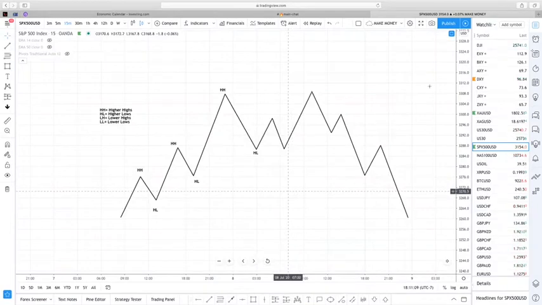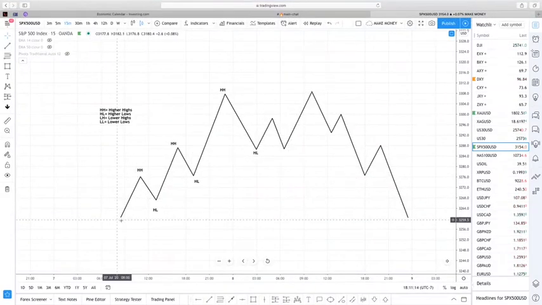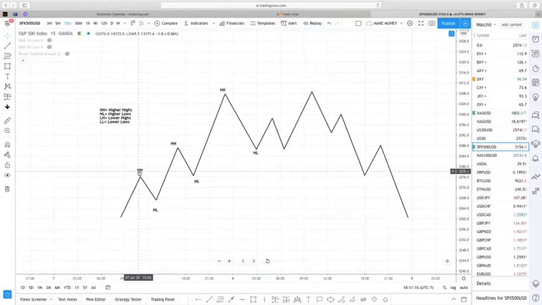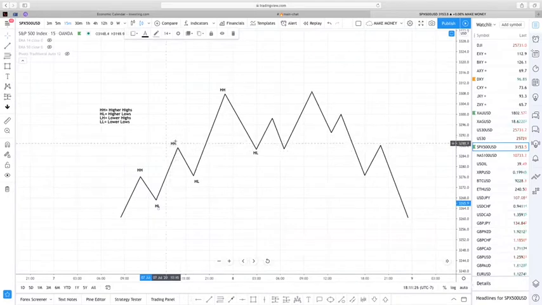I got it on my other screen, we're all good. That's not going to detract from the lesson. But anyway, as we're going up, you have your higher high, then you have your higher low, okay? After your higher low is presented and then it moves itself up, then you're creating a higher high. And you're waiting for this higher low to form, okay?